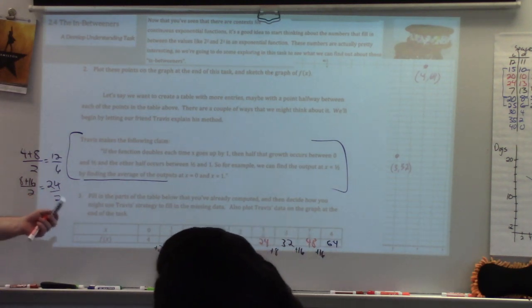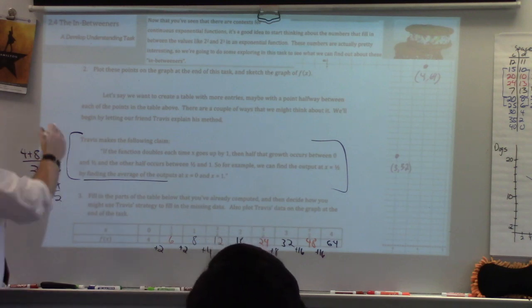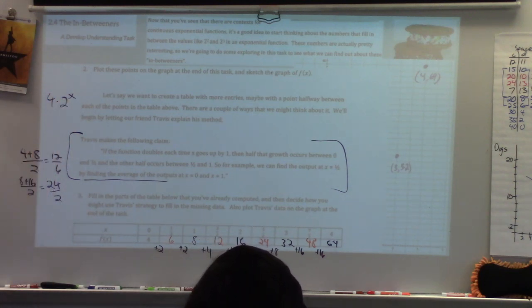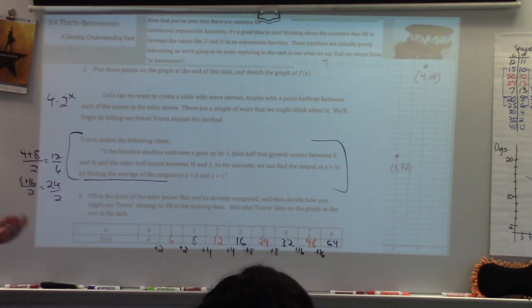What type of function is 4 times 2 to the x? It's got a variable in the exponent, right? So it's exponential. And we just talked about the fact that an exponential function has a common ratio, a common factor.